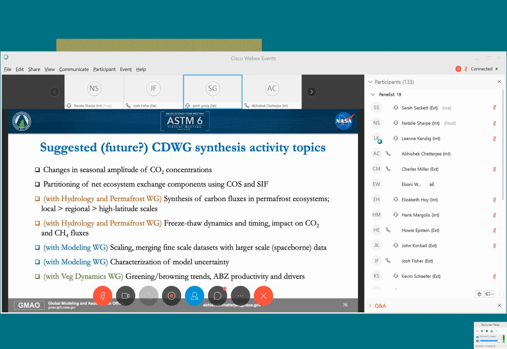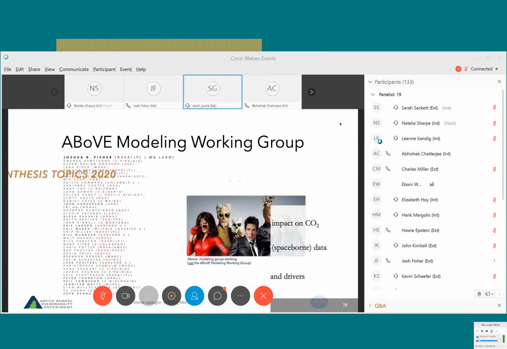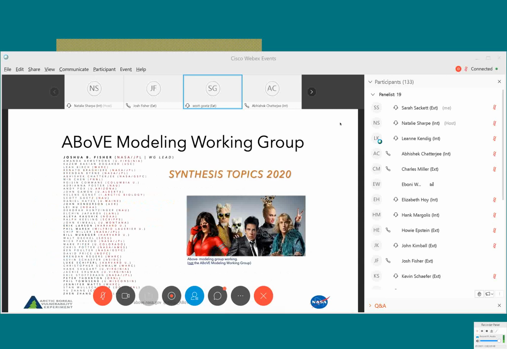I wish we had 30 minutes to delve into all this in a break session or an hour, but unfortunately we need to move along, and we'll have a little bit of time maybe at the end to discuss some of this. But our final synthesis working group activity summary is from Josh Fisher, who I'm sure has something good to serve up.